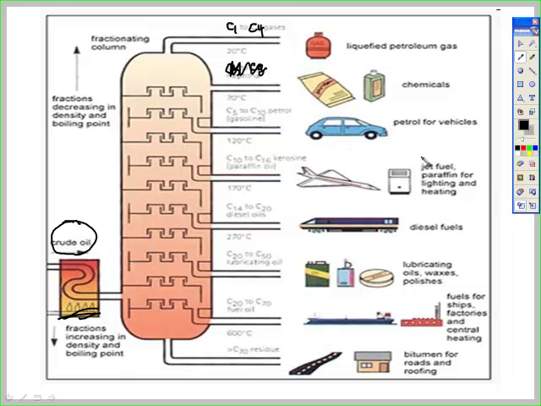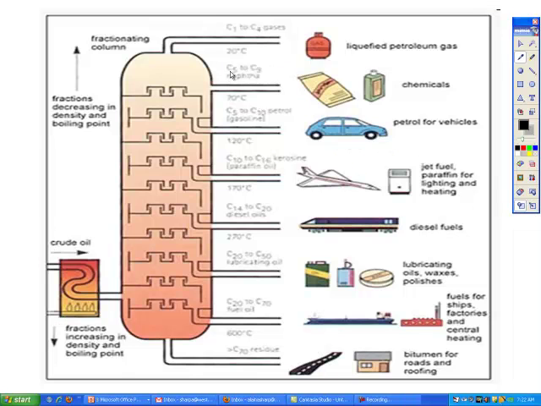This says C5 to C9, C5 to C30, C10 to C16, and you can see that the number of carbons is going up, so their mass increases. It says fractions increasing in density and boiling point. That means they're getting heavier or denser, which means their boiling point is increasing because they're harder to lift up into the gas phase. It takes more energy.